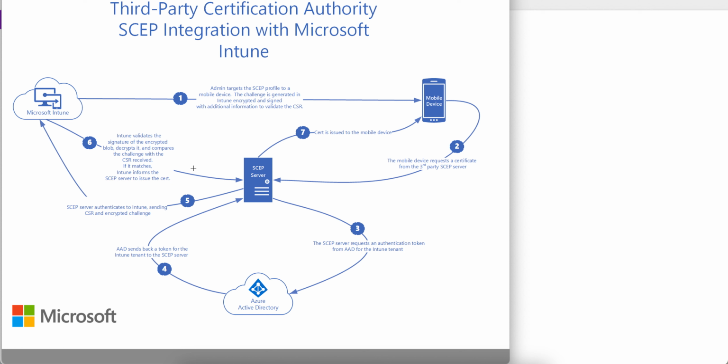Then it informs your SCEP server to issue a certificate to the mobile devices. So you need third-party CA console access, and you have to register applications in Microsoft Azure Active Directory, so that Intune will validate, compare, and decrypt the CSR, match it, and then inform your SCEP server to issue certificates.